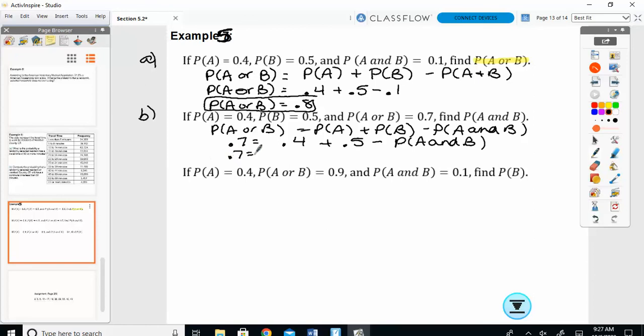We get 0.7 equals 0.9 minus probability of A and B. Subtract over my 0.9. Divide by -1, so the probability of A and B is 0.2.